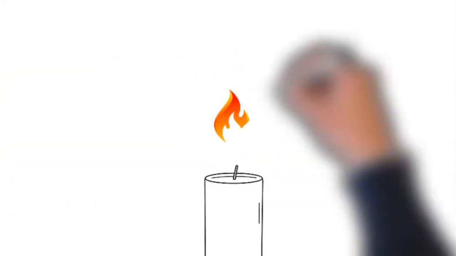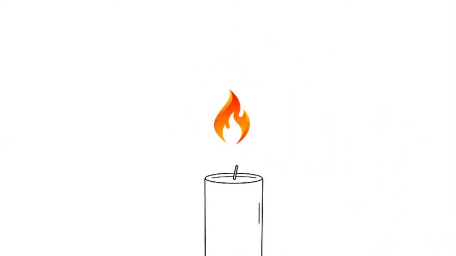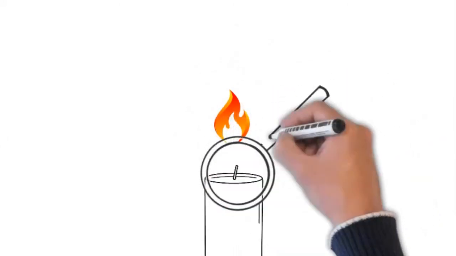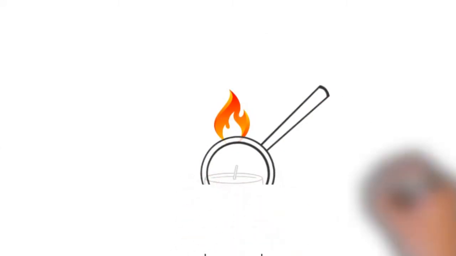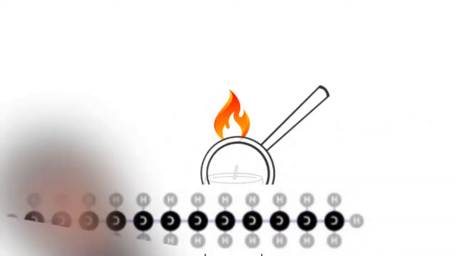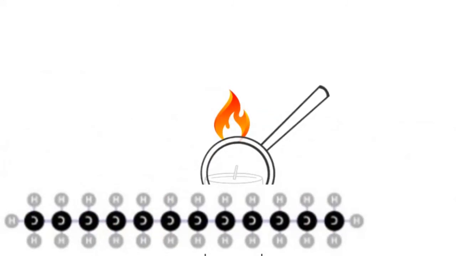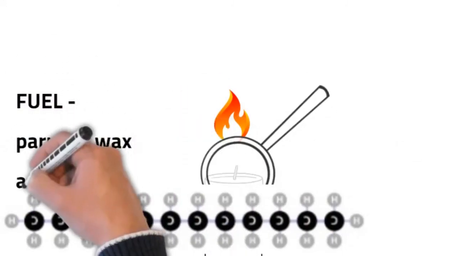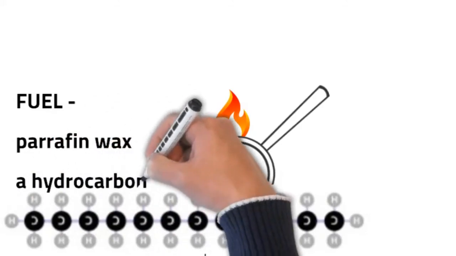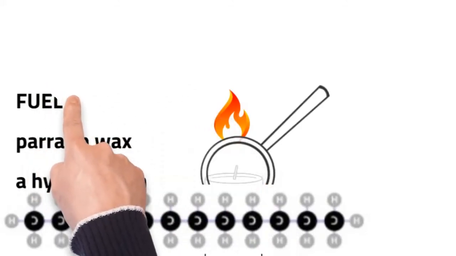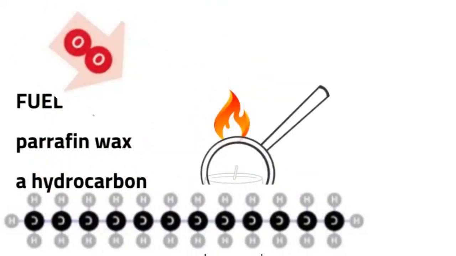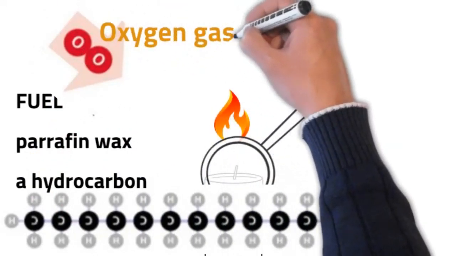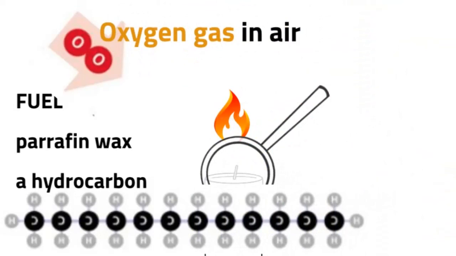Now let's look at the chemical change. Again, a closer look, but this time we're going to try to look at the particles. So there is the molecule of paraffin wax. As you can see, it's a hydrocarbon. That is the fuel. There are carbons and hydrogens only, so it is a hydrocarbon. The oxygen is in the air. So the oxygen needed for the burning or for the combustion to take place comes from the air.